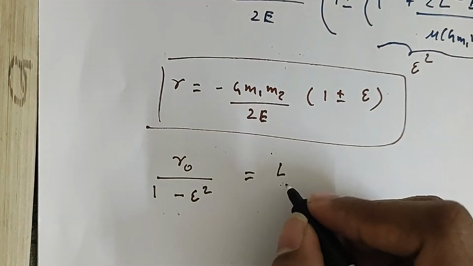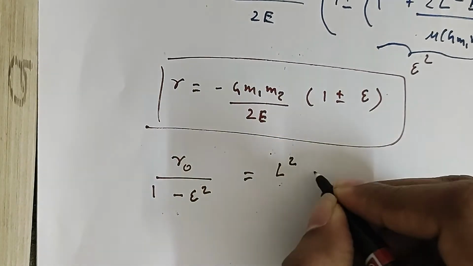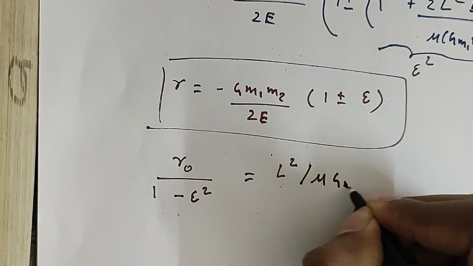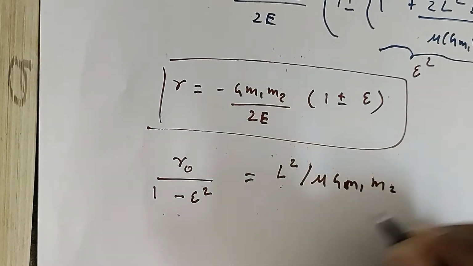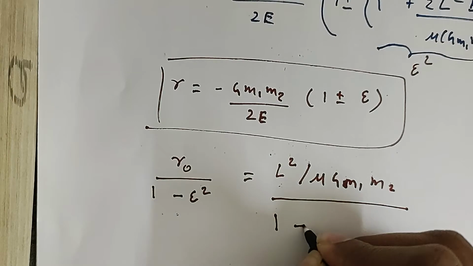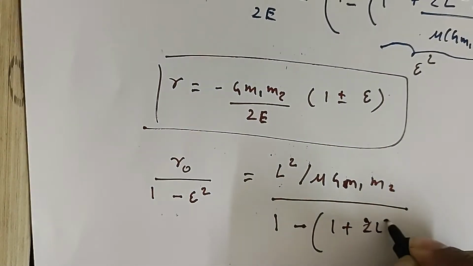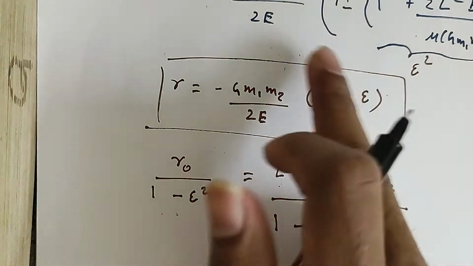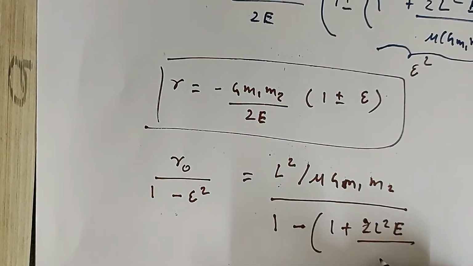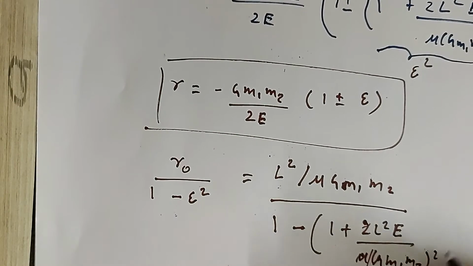I also know I can write this equation as L square upon mu G m1 m2 upon 1 minus of 1 plus 2 L square E upon mu G m1 m2 square.